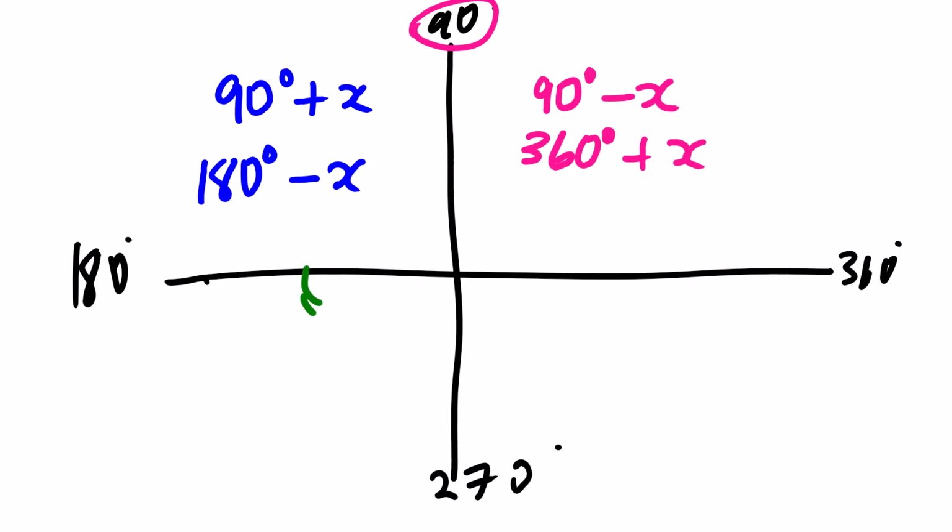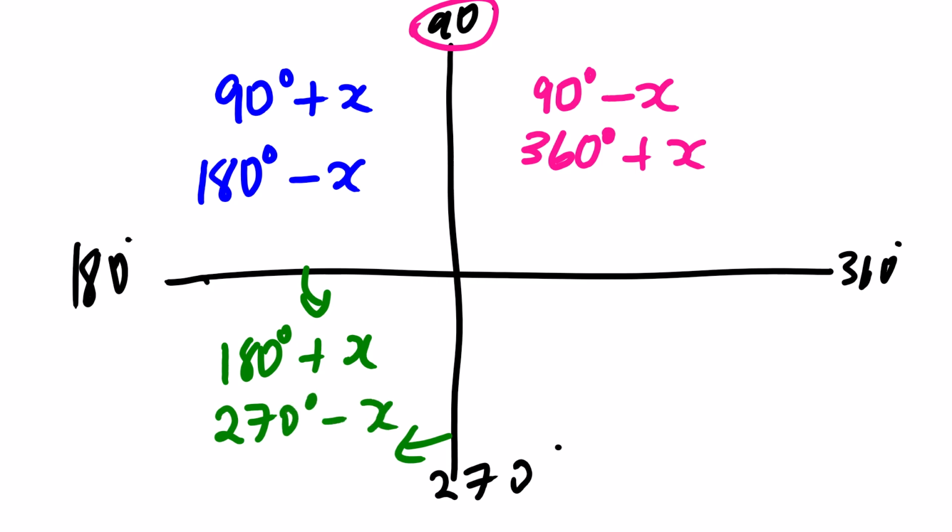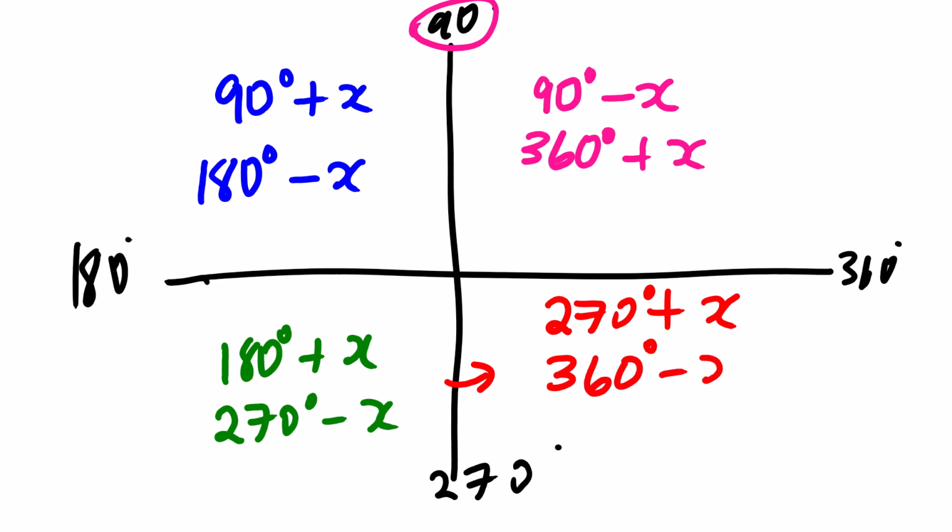Quadrant 3 is 180 plus x and 270 minus x. The last quadrant, quadrant 4, is 270 plus x and 360 minus x. I hope you can see this.